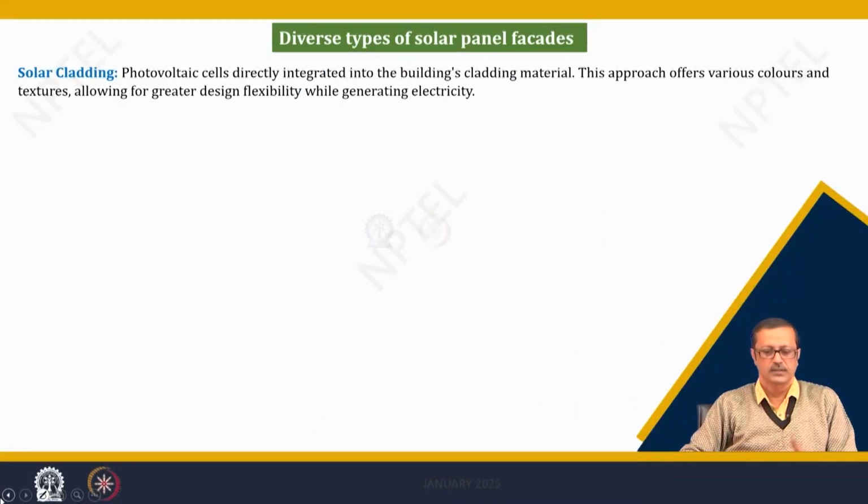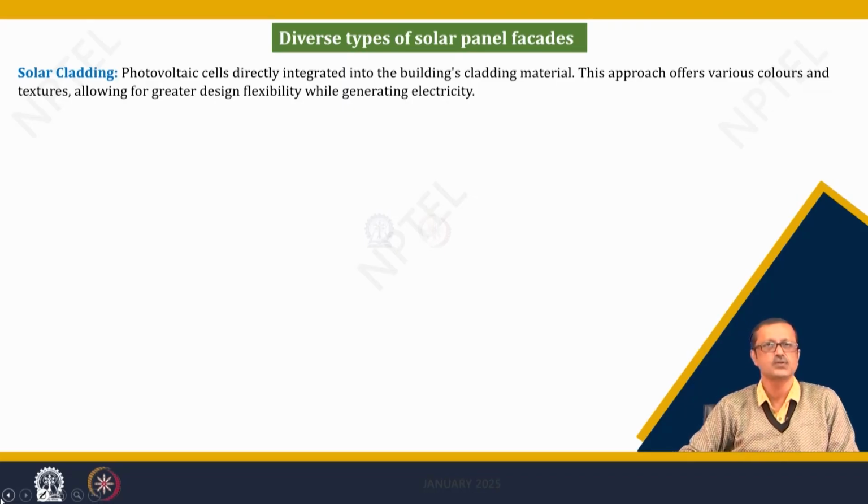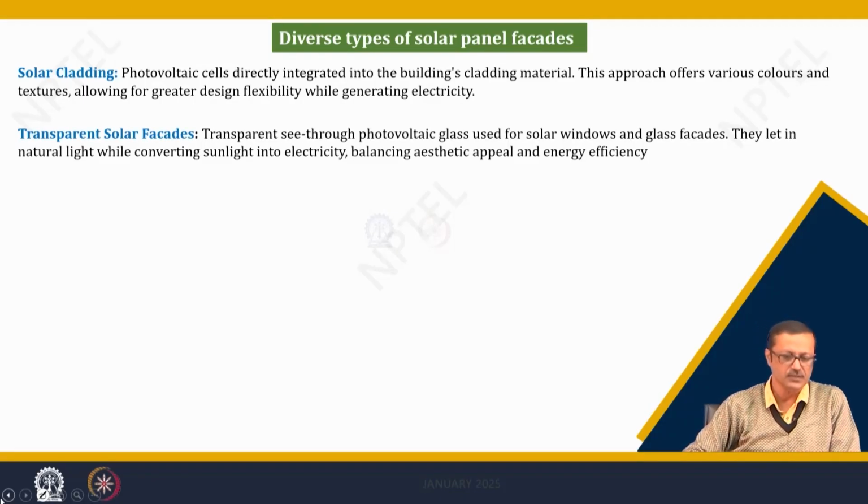There are different types of solar panel facades, and these interventions are still going on. We can have a solar cladding that we have just discussed. Photovoltaic cells directly integrated with the building cladding systems can also be thought of. We can think of a transparent solar facade which can replace the windows.